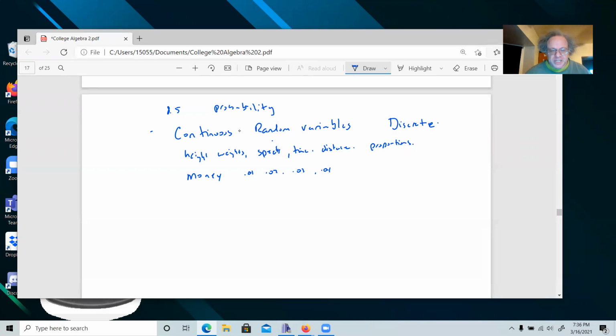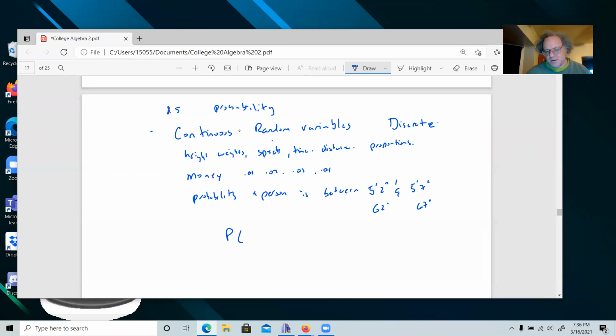Okay, some notation. If I want to say, like, we want to know the probability a person is between 5'2" and 5'7". Okay, I'm going to convert them to inches. So we have 62 inches and 67 inches.